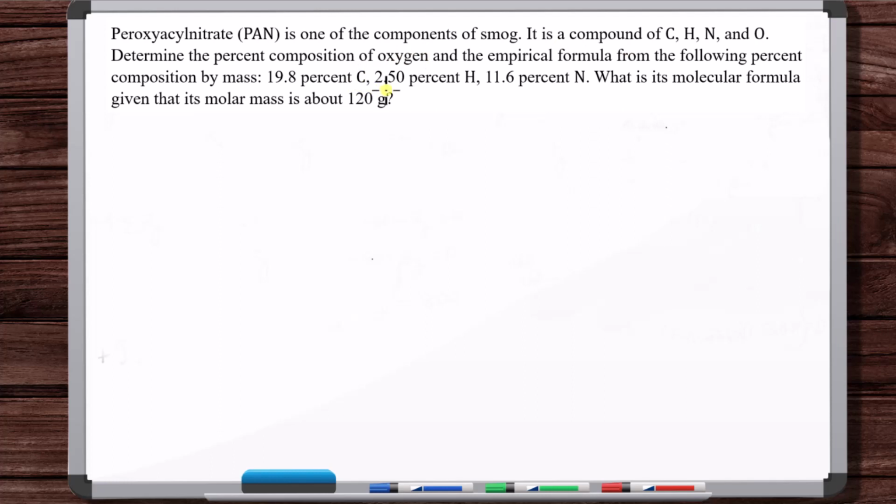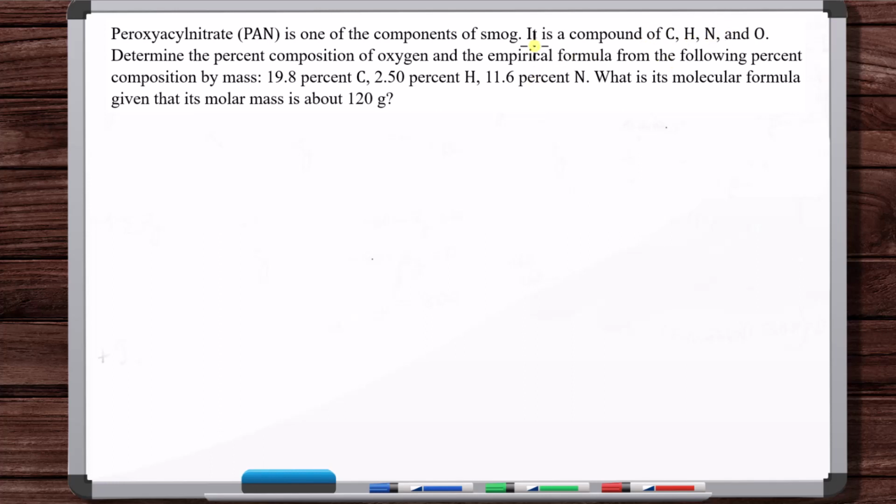Moles and atoms are the same thing when you talk about ratios. So if we can get the percent composition as far as moles, then we have everything we need. We just take those ratios and use those numbers to get whole numbers. I'll show you how to do that.